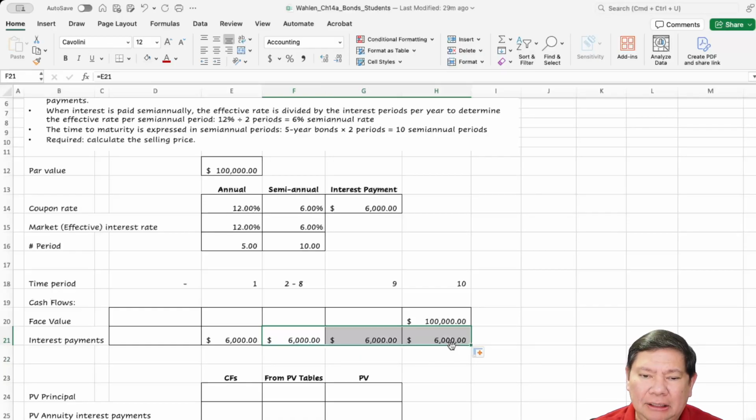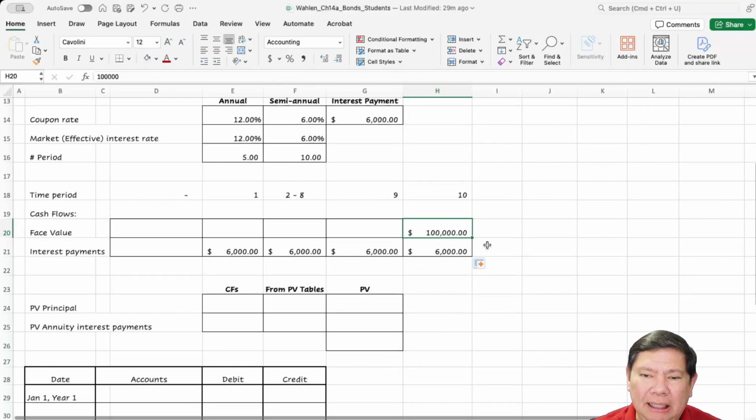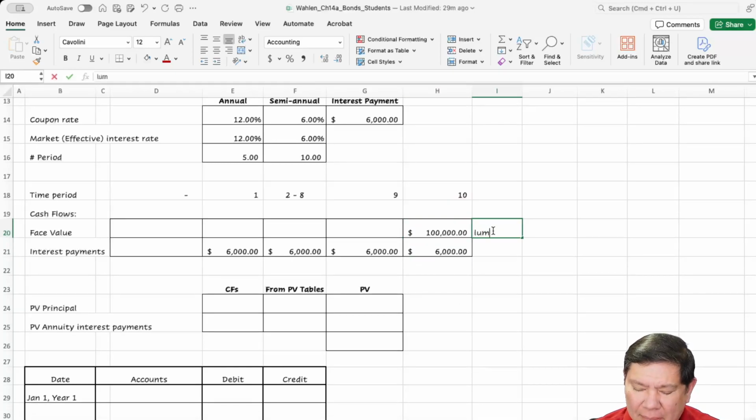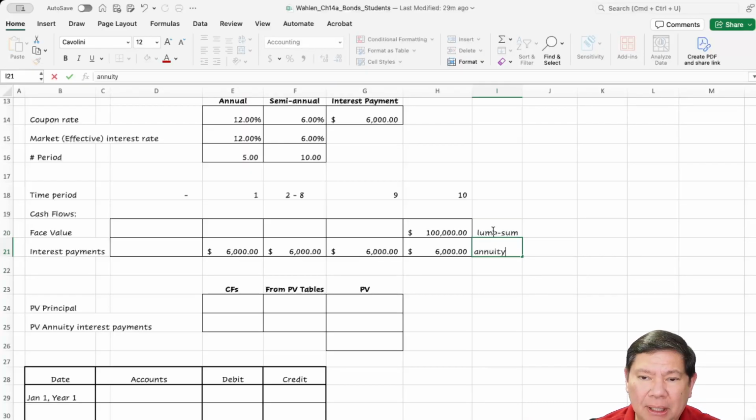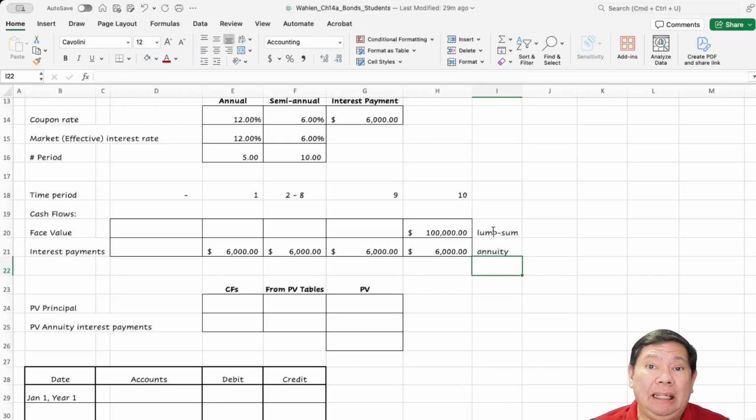Okay, like that. So you see that we have two different flows here. The first one is a lump sum. And the second one, the interest payments, are an annuity.